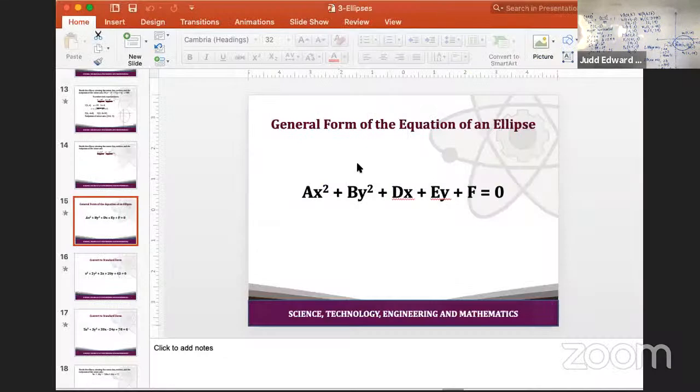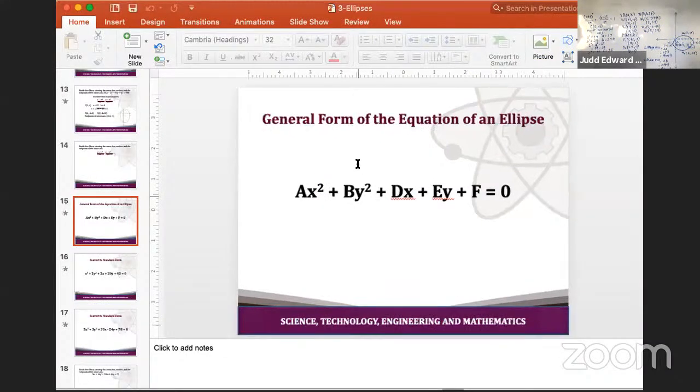Okay, so this is the general form of the equation of an ellipse.